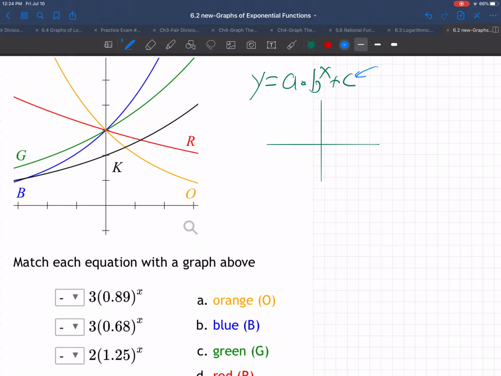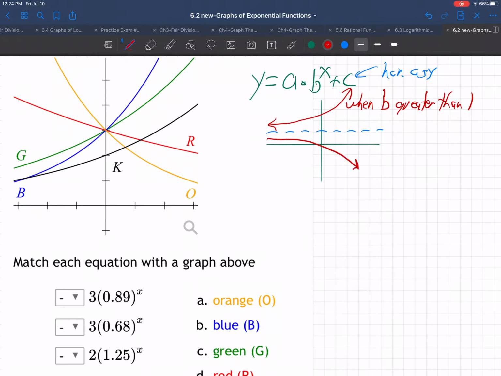The c is the horizontal asymptote, and then the graph goes up to the right when b is greater than 1. If b is less than 1, it goes down.